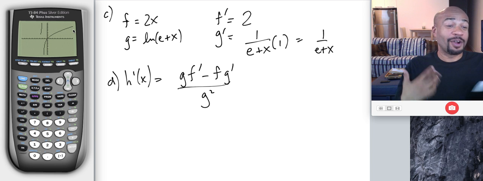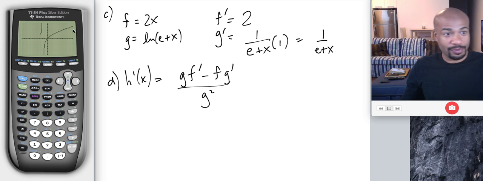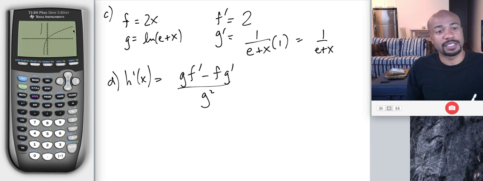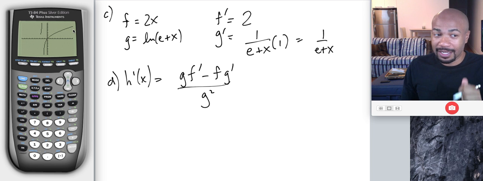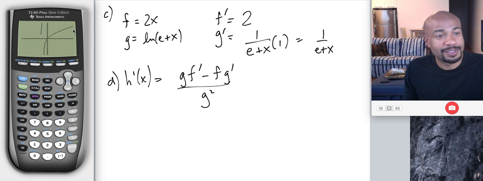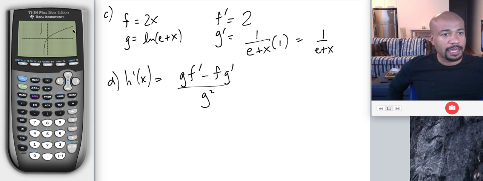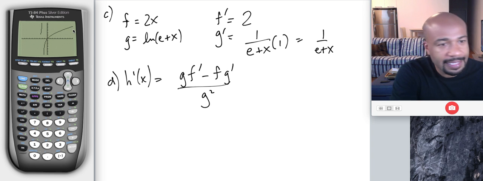The way that I've always done it, just like the product rule, where it's the first times the derivative of the second plus the second times the derivative of the first, I do it this way: bottom times the derivative of the top minus the top times the derivative of the bottom, divided by the bottom squared. All right, so that's how I've always calculated that one.